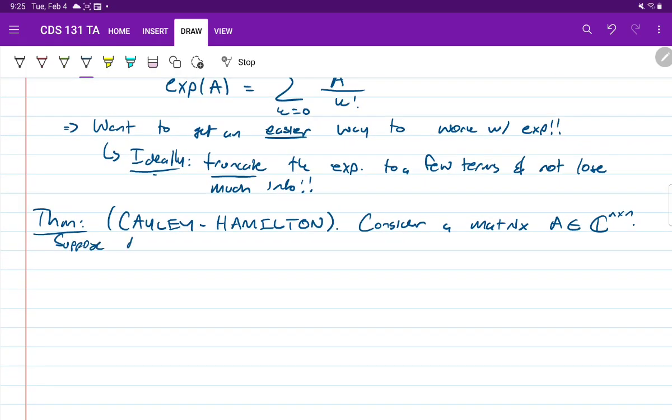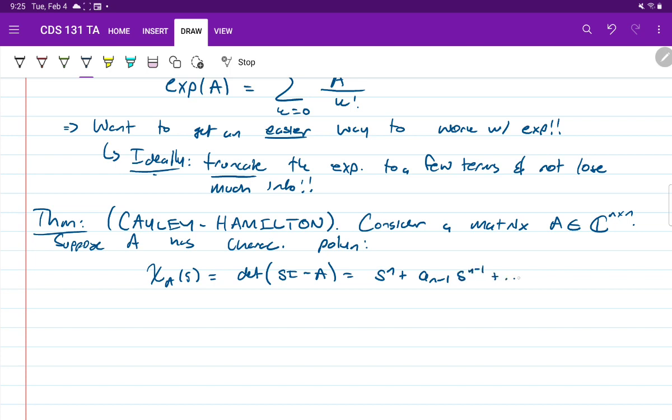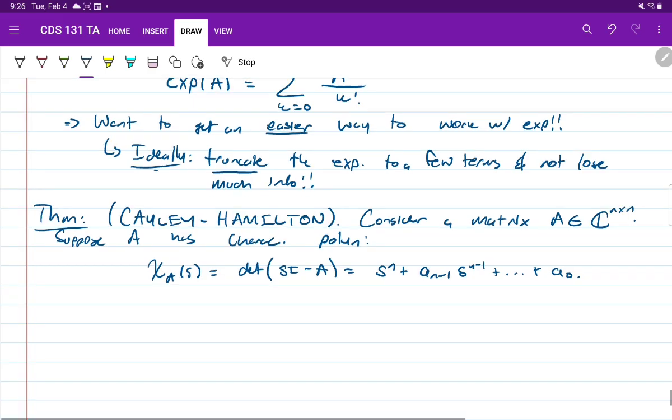And let's suppose A has the characteristic polynomial, which remember is the polynomial whose roots are the eigenvalues of the matrix. Let's denote it chi_A(s), which remember is calculated as determinant of sI minus A, which equals, let's say, s^n plus a_{n-1} s^{n-1}, all the way up until a_0, okay?